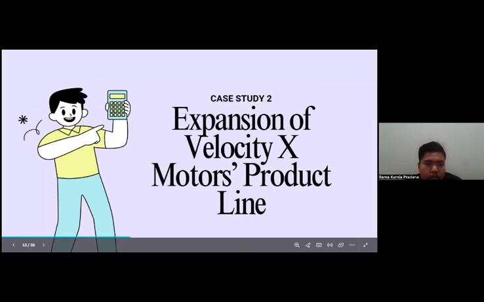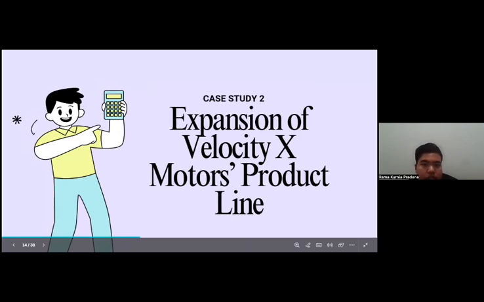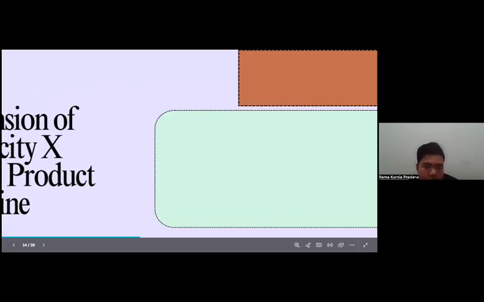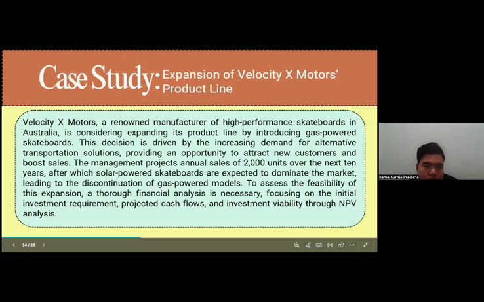Okay, now I will present case study 2 about the expansion of Velocity X Motors product line. Velocity X Motors, a renowned manufacturer of high-performance skateboards in Australia, is considering expanding its product line by introducing gas-powered skateboards.